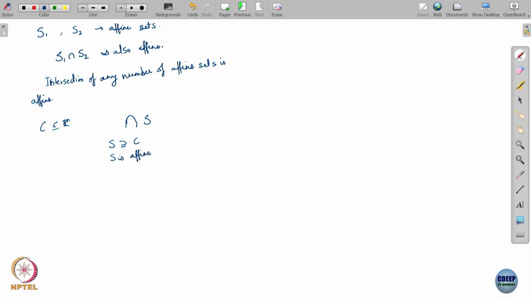So ranging over all affine sets that contain C, if I take the intersection, what can you say about this particular object? So you are taking some set C like this, and then you are taking all affine sets that contain C.